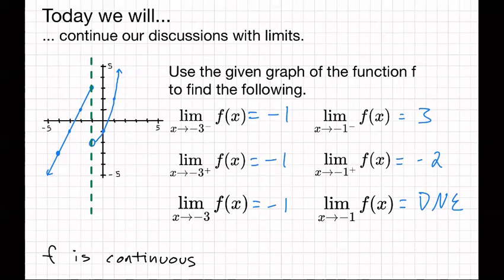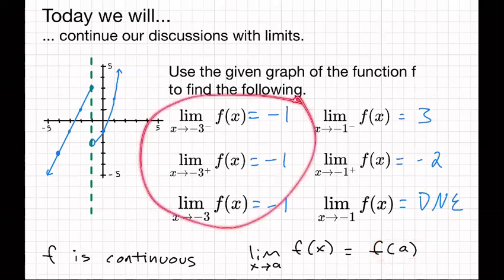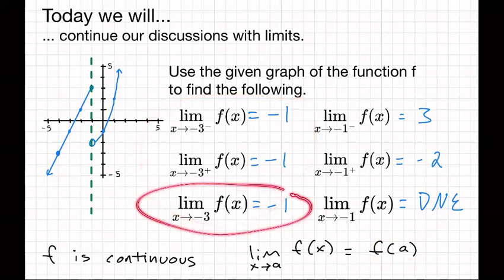It's going to be an important aspect that we want to watch for. Limits is how we define that. What we need to show is that the limit of f of x as x approaches a equals f of a. Remember, the limit is using information around the point to point to a particular value, where with f of a, we're just evaluating it. If you look at this particular problem for -3, our limit did have agreement, so we had a limit as x approached -3, which was -1.